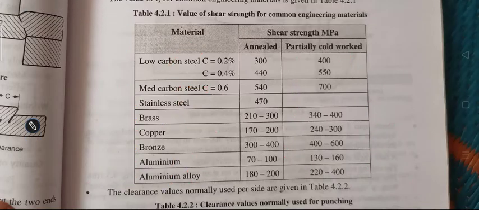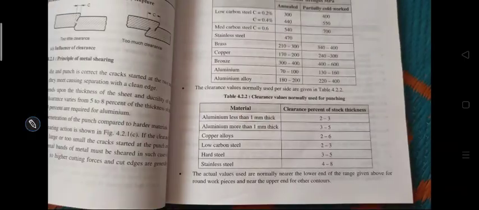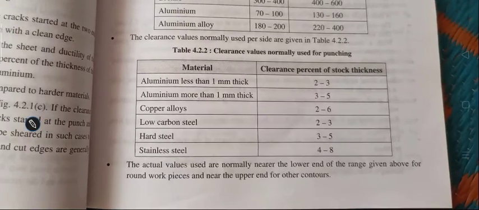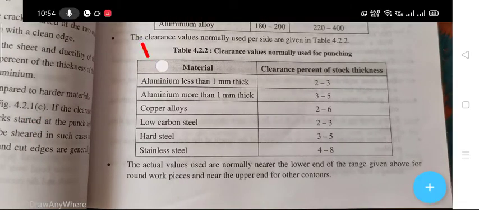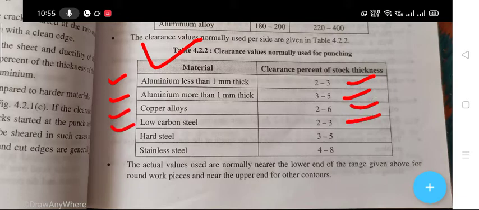This is the clearance value normally used for punching. अगर एल्युमिनियम less than 1 mm थिकनेस है तो क्लियरेंस परसेंटेज for stock is 2 to 3%, और एल्युमिनियम more than 1 mm थिकनेस है तो 3 to 5, कॉपर अलॉय है तो 2 से 6, लो कार्बन स्टील है 2 से 3, हार्ड स्टील है 3 to 5, स्टेनलेस स्टील is 4 to 8. This is the clearance percent of stock thickness.